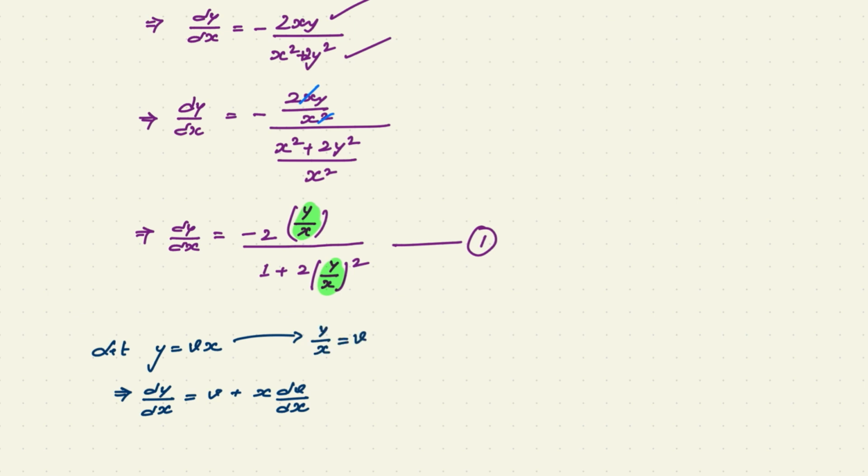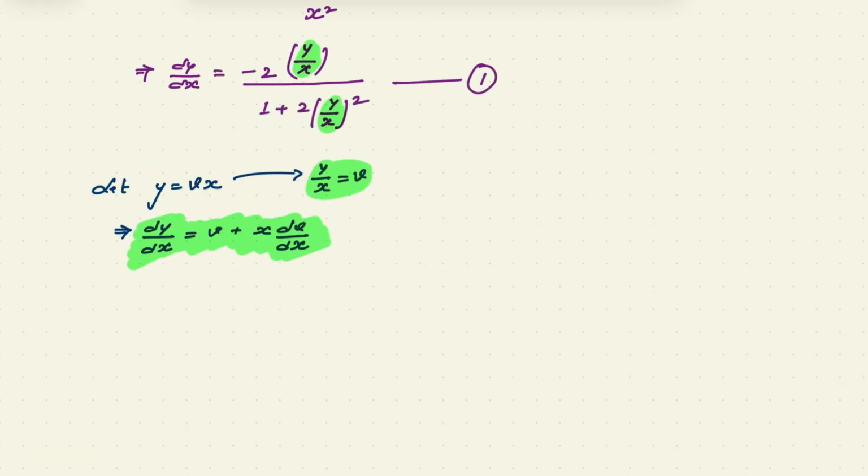So let us put these two values, that is y over x as v and dy over dx as v plus x into dv over dx, in equation 1. So substituting these two values in equation 1, we have v plus x into dv over dx equals minus 2v by 1 plus 2v square.